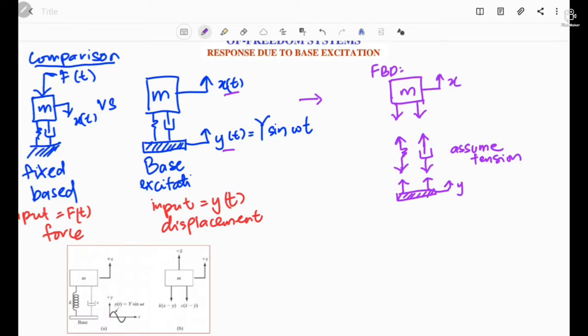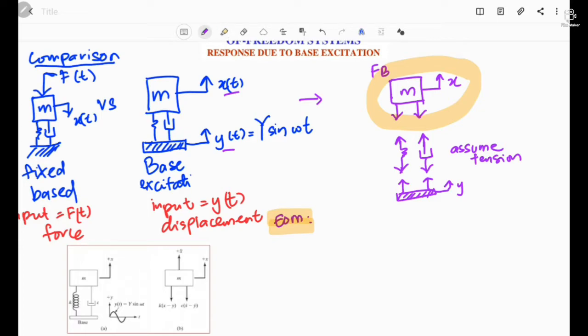Okay, so we complete the free body diagram. Then you write your equation of motion. As I said, your equation of motion should be based on the mass. So that's how you write your equation of motion.